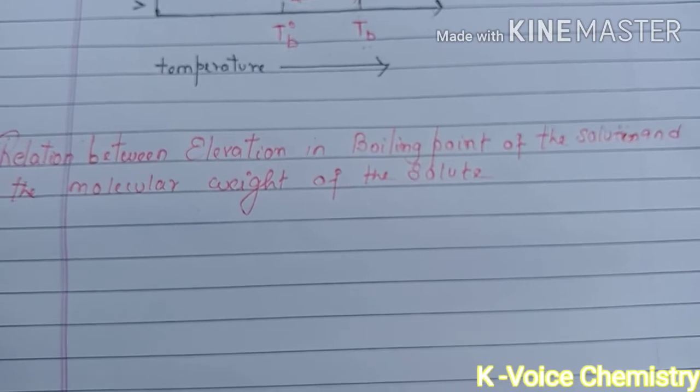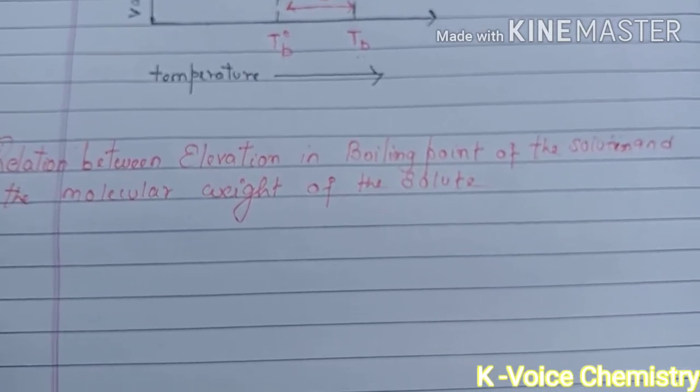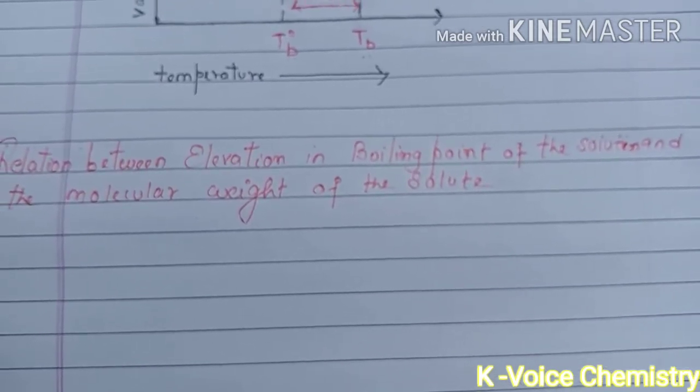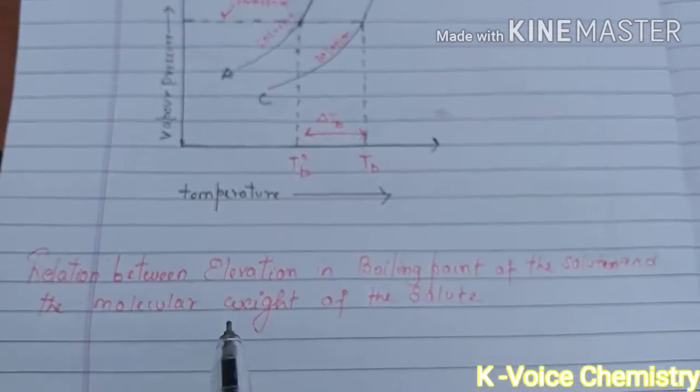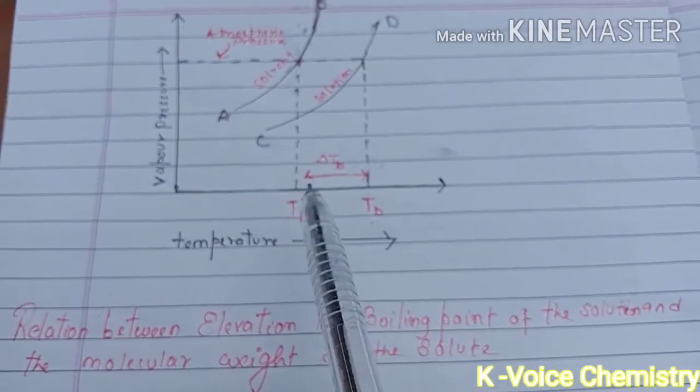Now we will discuss the relation between the elevation in the boiling point of a solution and the molecular weight of the solute. So here, by this curve, we will solve this.